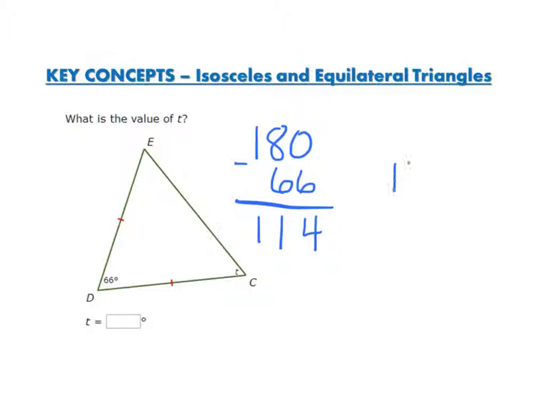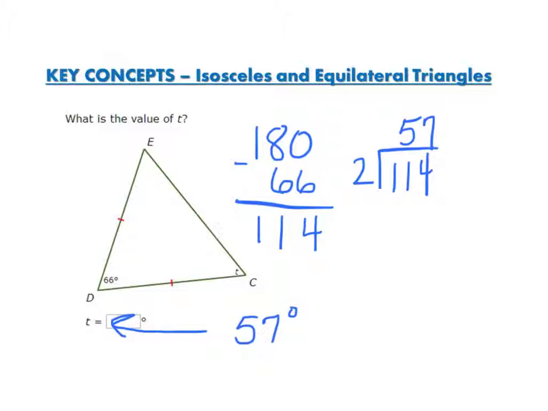I take 114, divide it by 2, and I get 57. I'm dividing it by 2 because angle E and angle C are going to be the same. So the measurement of angle T is 57 degrees.